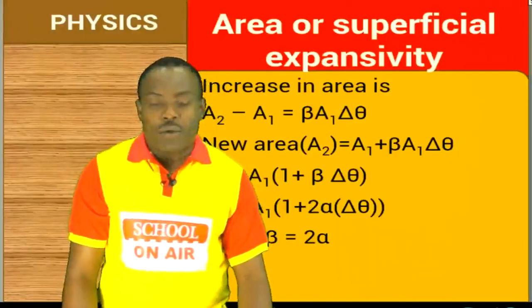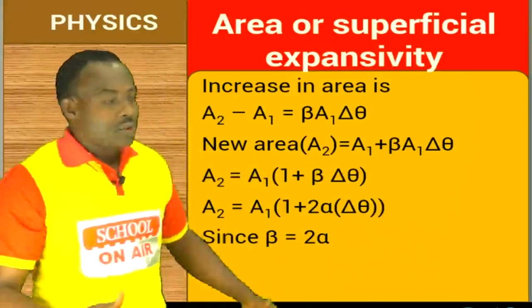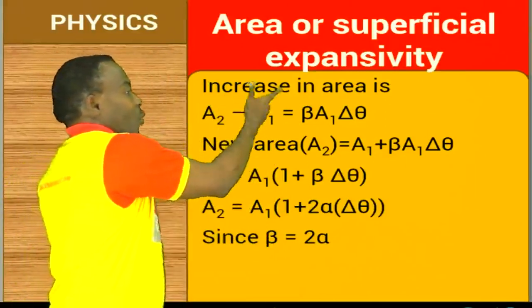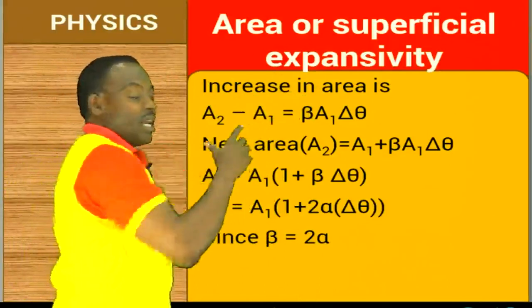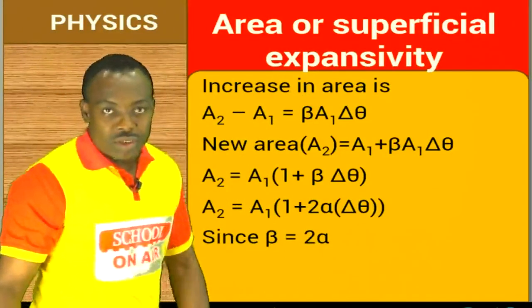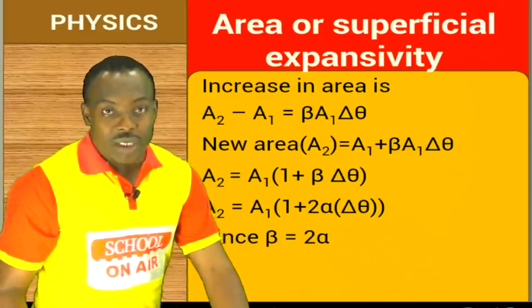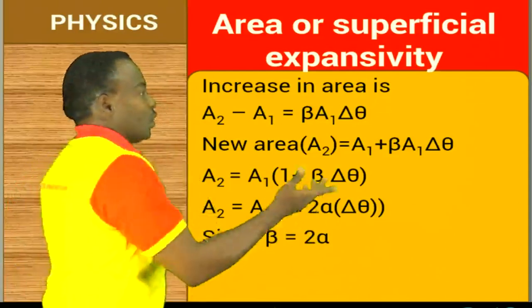Now, having known the formula, we proceed by trying to rearrange the expression. If you are given any question in any examination or test and you are told to calculate the increase in area, what do you do?